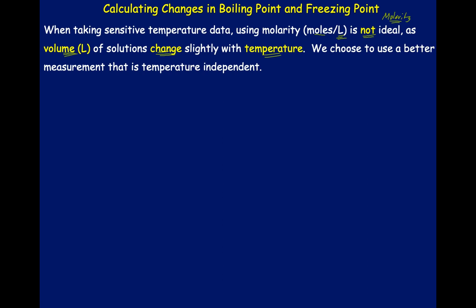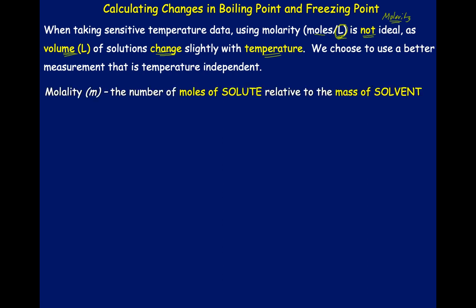We know the moles don't change because the number of particles doesn't change with temperature, but liquids can expand or contract slightly. A cold liquid versus a hot liquid would take up different volume, so the liters would change. We don't want a concentration that's changing all the time with temperature. We want a better measurement that is temperature independent.